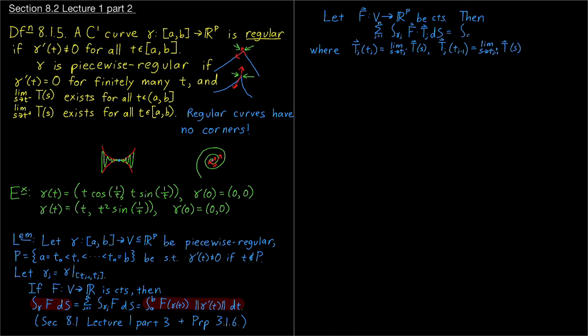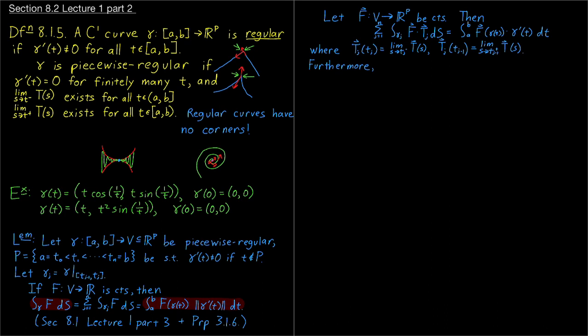This is the integral from a to b of f of gamma of t dot product with gamma prime of t dt. And the right-hand side, the integral, or the sum on the left, does not depend on the parameterization.